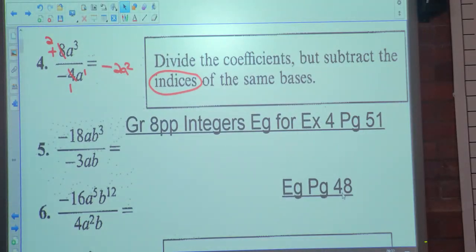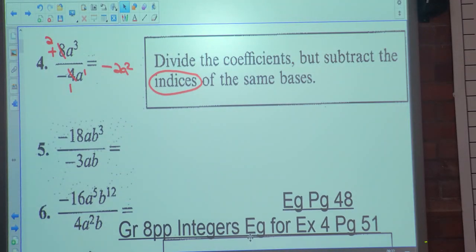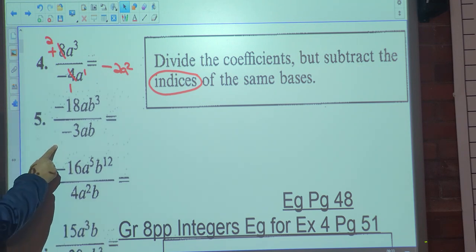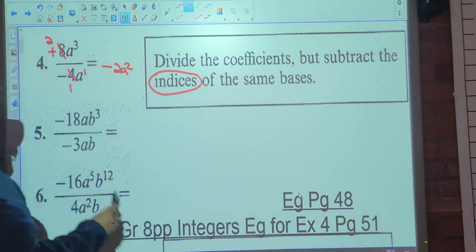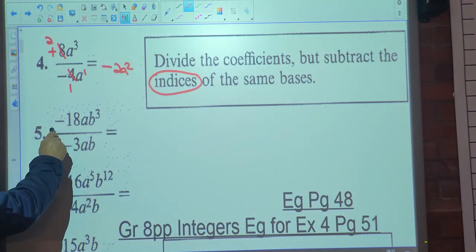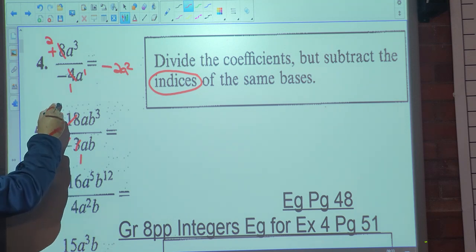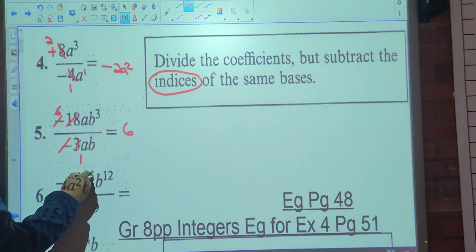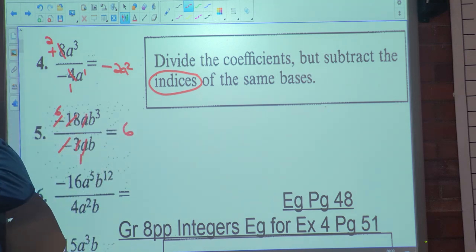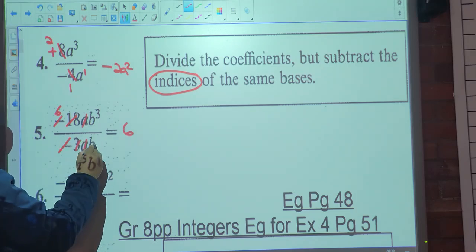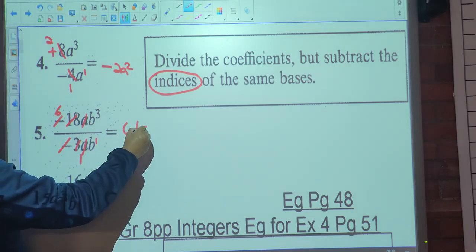Go with the next one. What's negative divided by negative? Positive. 3 going into 3 once, 3 going into 18? 6 times. The answer is 6. The a cancels a, not so? And then b cubed over b is going to give you b.